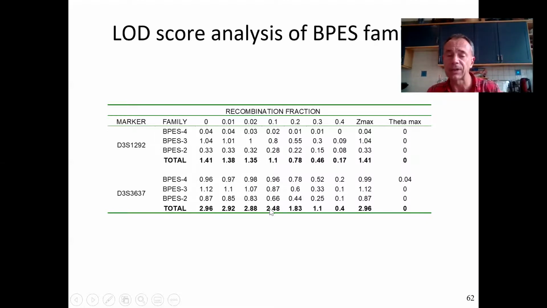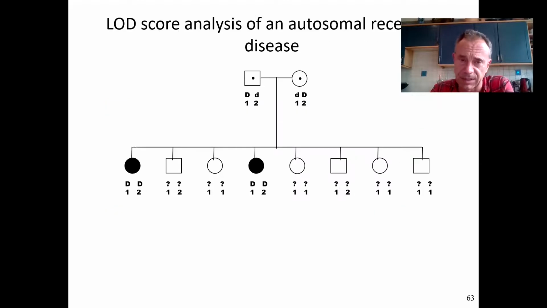And even if you look out at 10 centimorgans, a recombination fraction of 0.1, which is a huge distance in terms of chromosomes and genes, it's still pretty high. So we think there's probably something there, but we've no idea if it's here or over here. Somewhere in this region of chromosome 3. That's the kind of thing that happens in practice.